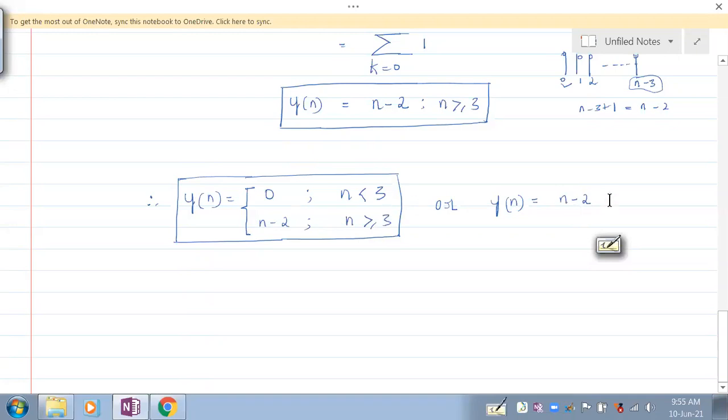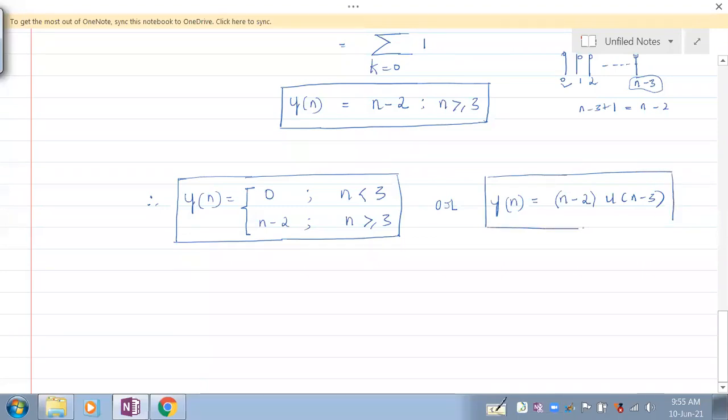And what is the unit step function which is 1 from 3 to infinity? u of n minus 3. That's it. If you multiply this signal by u of n minus 3, it is as good as having this result. It's n minus 2 from 3 to infinity, so it's as good as multiplying n minus 2 by the function u of n minus 3.